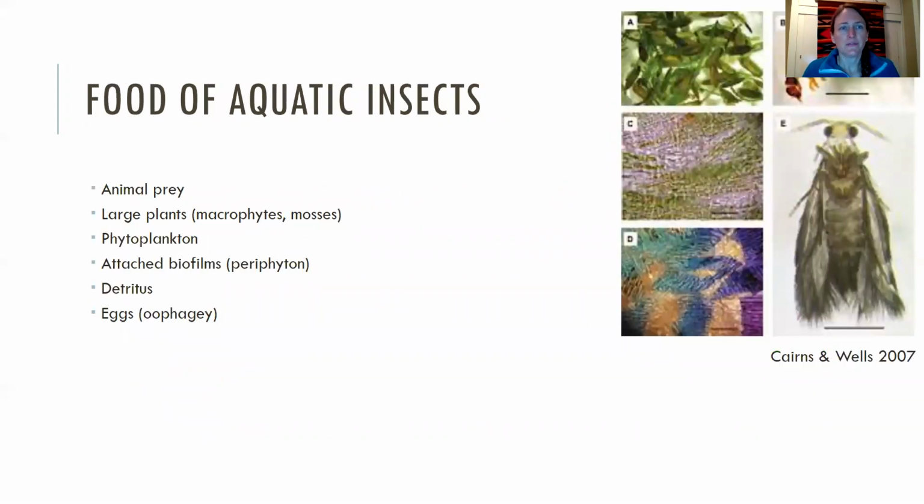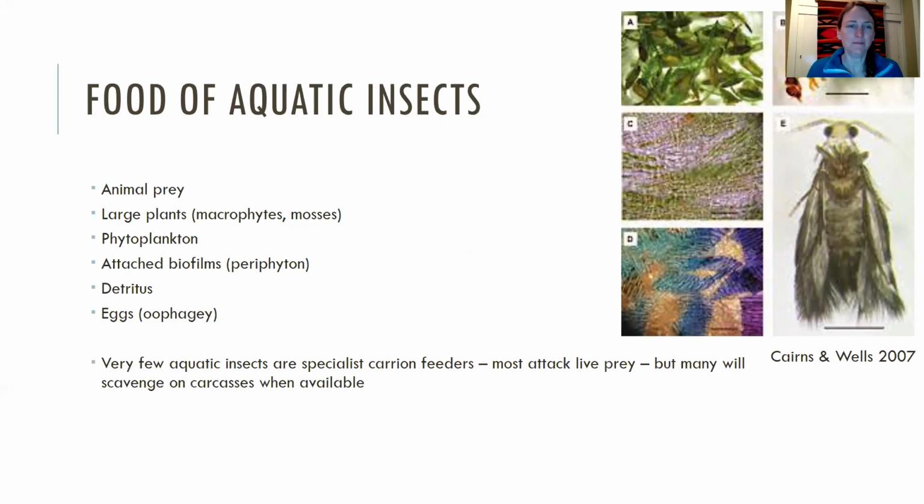So the different types of food that aquatic insects might eat are animal prey, large plants, macrophytes and mosses, phytoplankton, attached biofilms like periphyton, detritus and other organic matter, and eggs. If you're an egg eater, you are exhibiting oophagy.